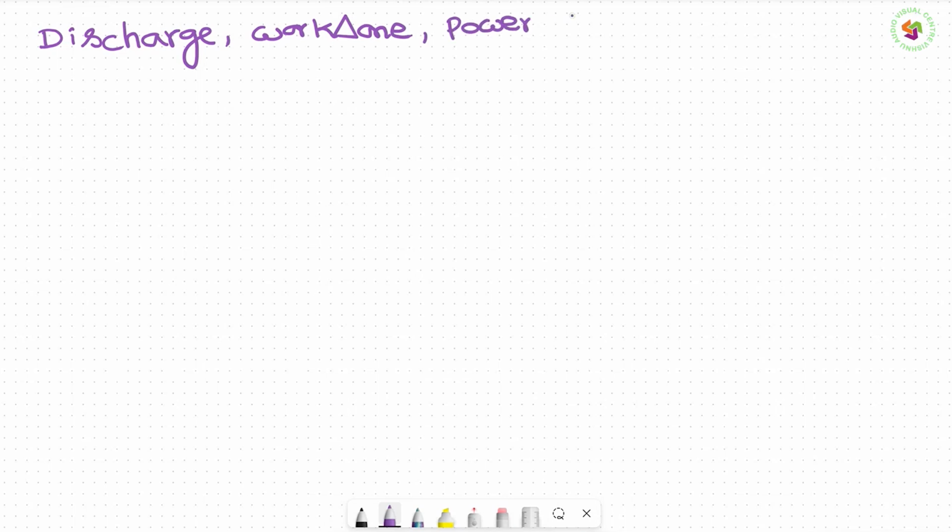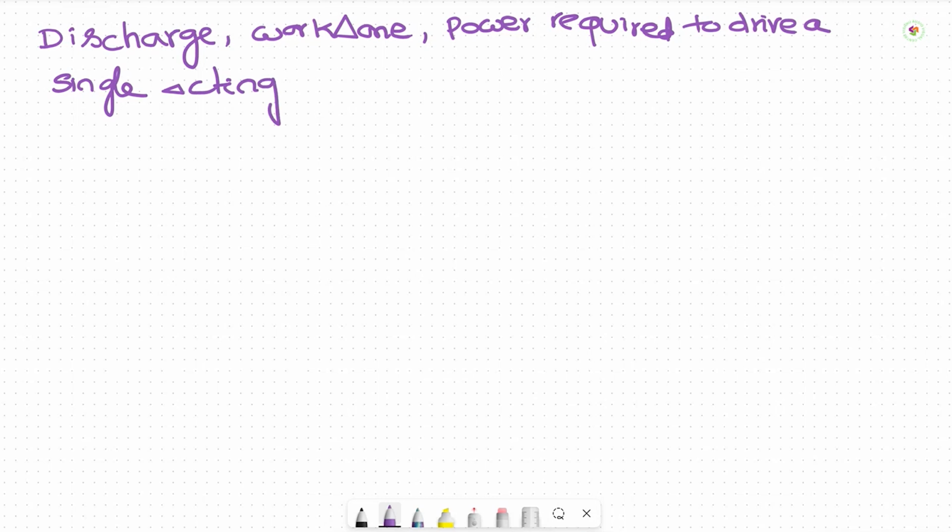So this discussion focuses on deriving the equation for discharge, work done, and power required to drive a single acting reciprocating pump.